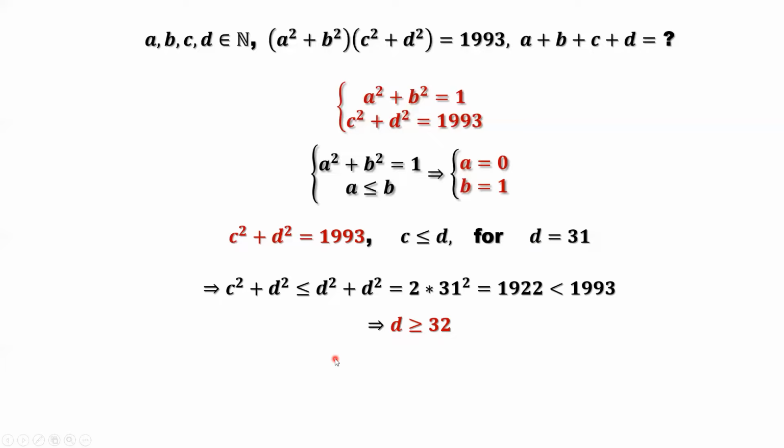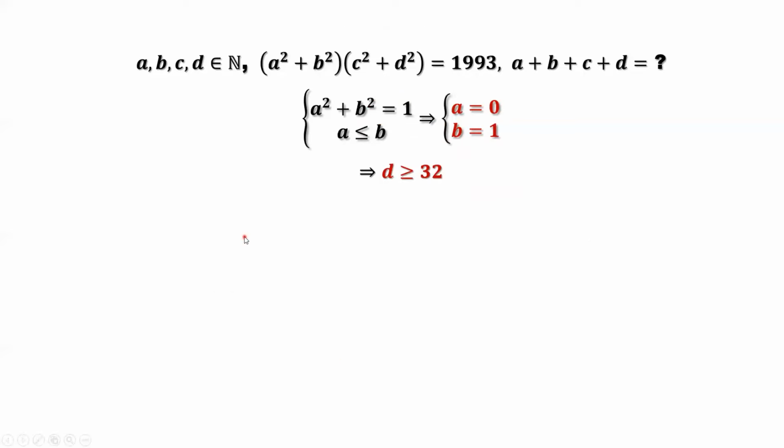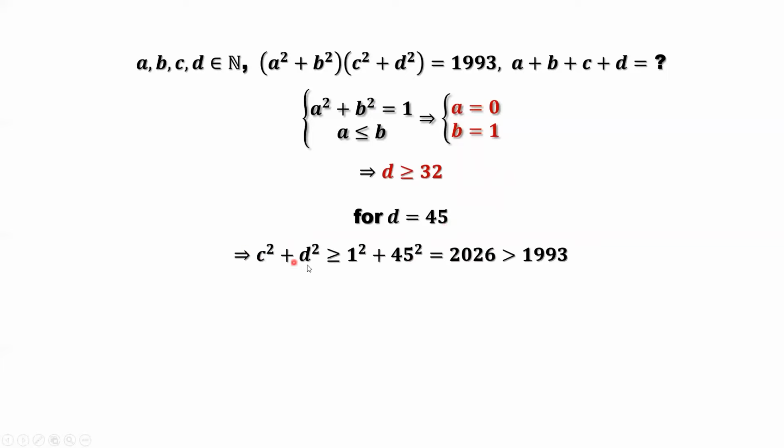Next, we need to find the upper bound for d. If d equals 45, c squared plus d squared is bigger than or equal to 1 squared plus 45 squared. Here, c is a natural number, a positive integer, so the smallest value is 1. 45 is d, so 1 squared plus 45 squared equals 2026, which is bigger than 1993.